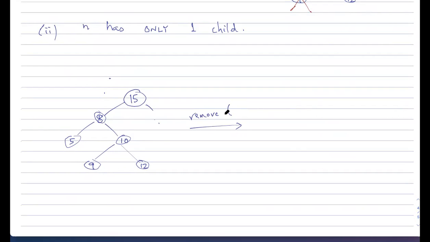Actually, there is nothing here which has only one child, so let's create one. I think it's easier to create here. Let's say you have 4. If you say remove 5, then 5 has only one child, right?